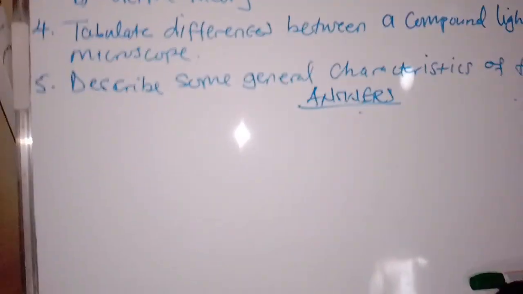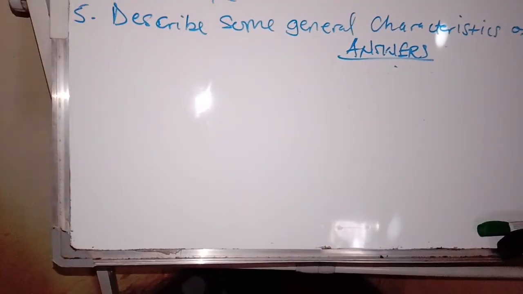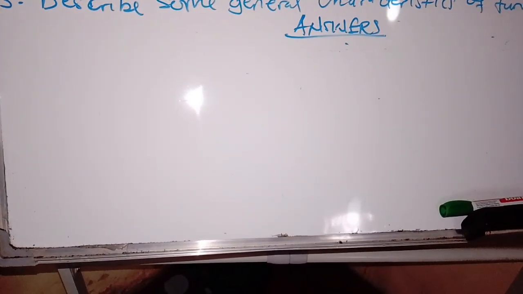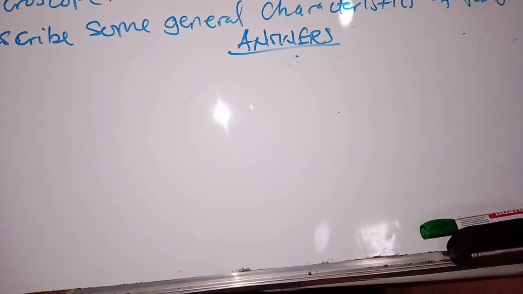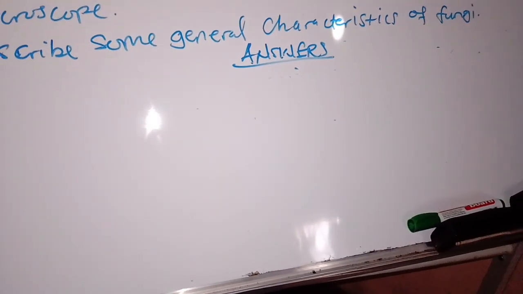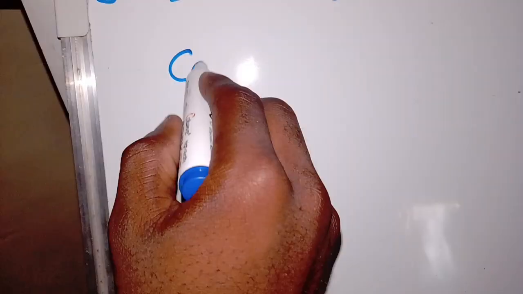So the first one is mainly used by students from secondary level, primary level, or in colleges and universities. Which one? The compound microscope. Let's talk about the compound microscope.